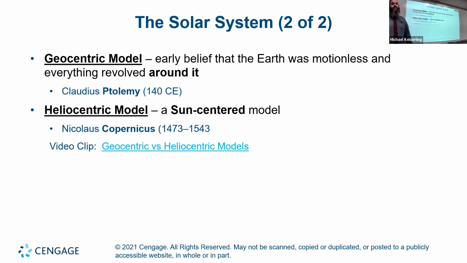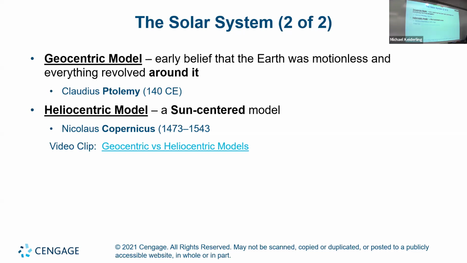So the solar system, the original belief was in a geocentric model. The Earth was the center of the universe, everything orbited around. That's the intuitive understanding. Everything seems to be orbiting the Earth. The Earth seems to be still and everything seems to be going around it.